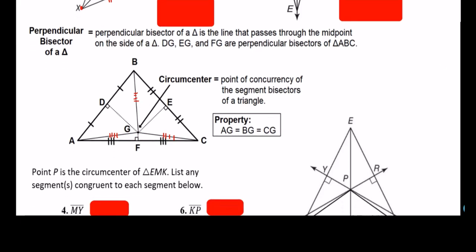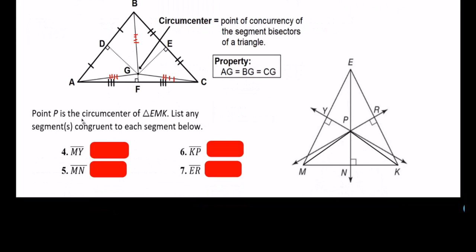So let's look at some examples. Here it says point P is the circumcenter of the triangle EMQ. List any segments congruent to each segment below. I'm looking for a segment that is congruent to MY. So this is MY, and this is EY.